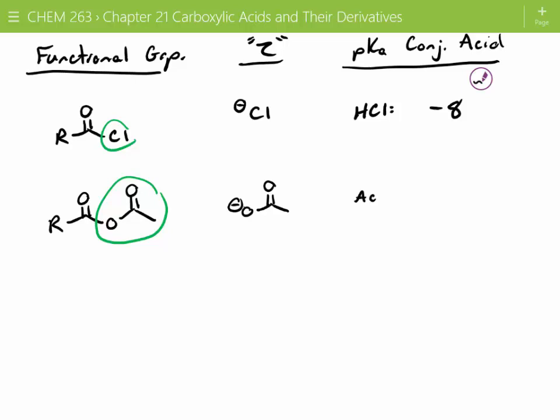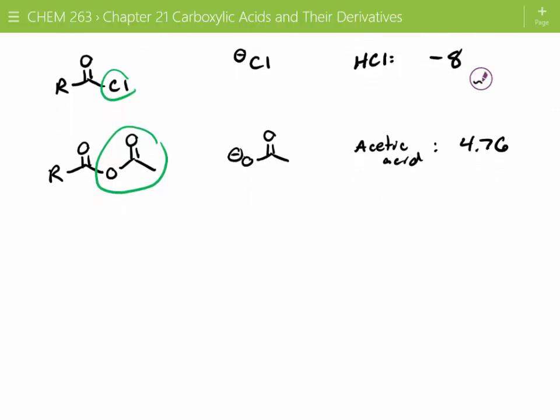And the pKa of its acid, which is acetic acid, is going to be 4.76. So it's still a good leaving group, but it's not nearly as good of a leaving group as a chloride, right? It's a lot less stable on its own. It still has resonance stabilization, but it's not as stable as hydrochloric acid or as the chloride ion.